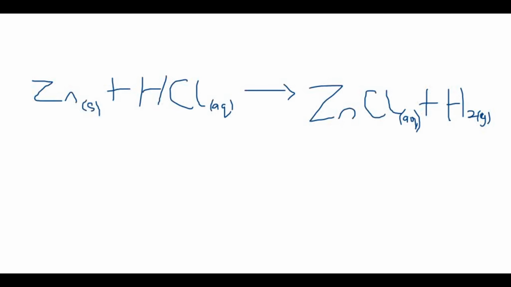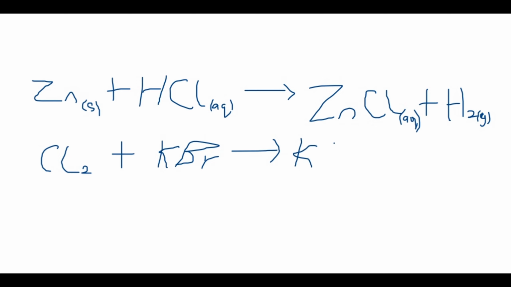Another example of a displacement reaction is the reaction between chlorine and potassium bromide. Please pardon my writing. Now this will form potassium chloride and liberate bromine vapor.